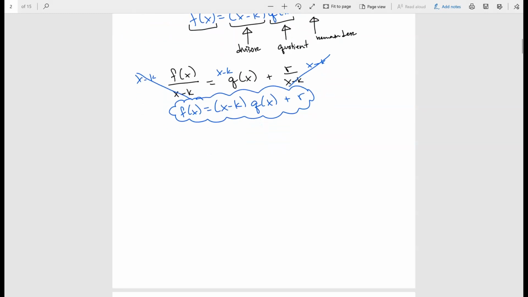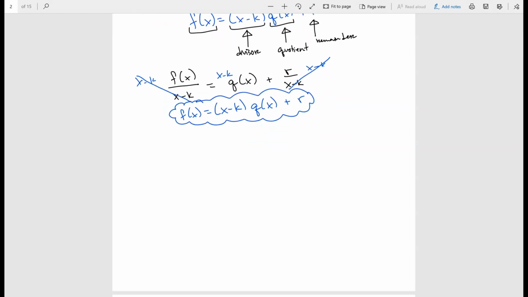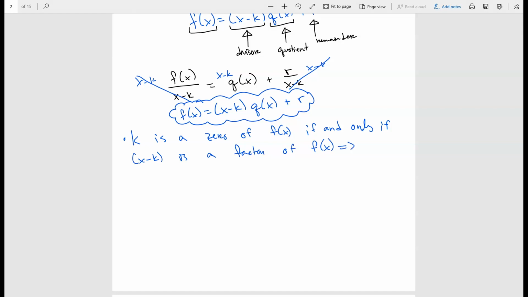What the factor theorem says is that k is a zero of f of x if and only if x minus k is a factor of f of x. And what this further implies is that the remainder is equal to 0.